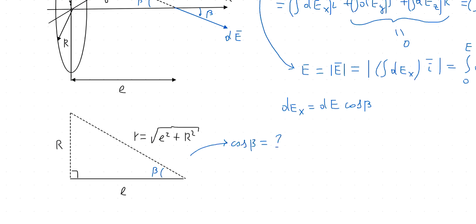Does someone remember how to find cosine from the right triangle, if we know all its sides?